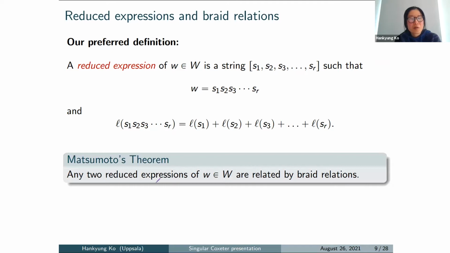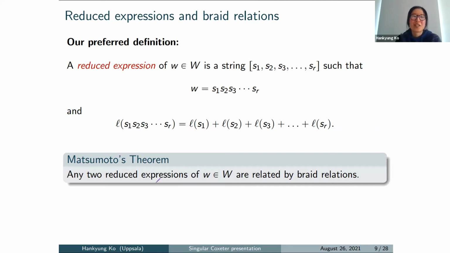And the theorem of Matsumoto, though I heard it's a theorem of Tits, but it's called Matsumoto's theorem, says that any two reduced expressions of an element w are related by braid relations. A priori, if you have two expressions, given a presentation, they are related by braid relations and reflection relations.